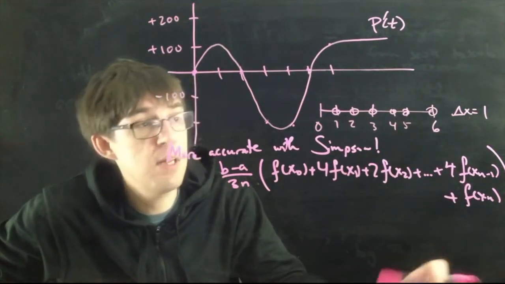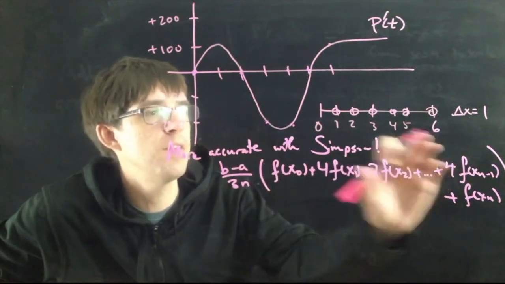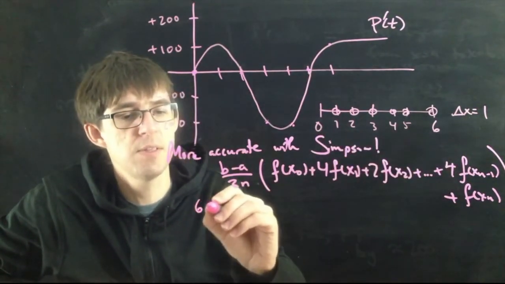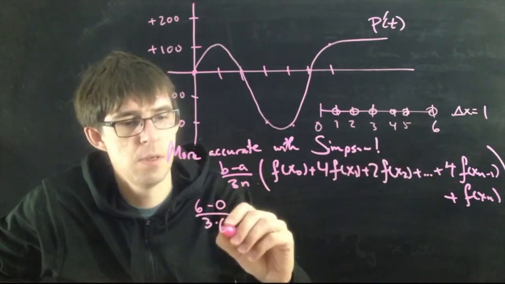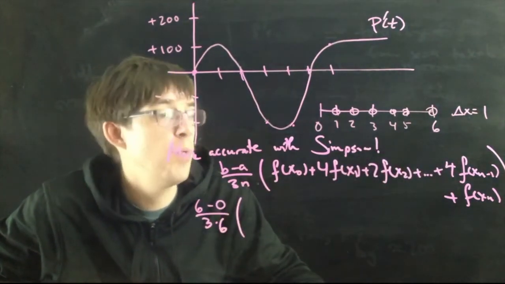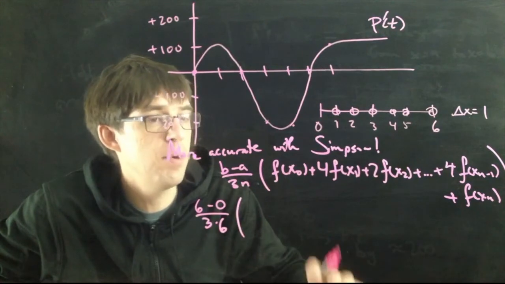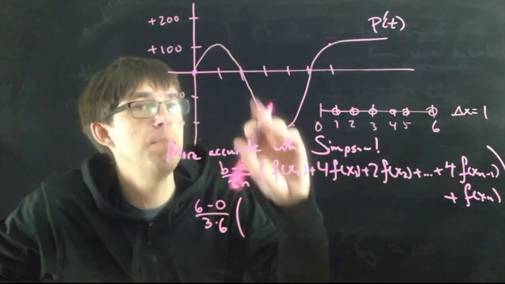I think we can just immediately plug everything in. And remember, b and a are the two endpoints. So on the outside, I'm going to get (6 minus 0) divided by 3 times n, which is 6. And then in here, we add all the values up. Now, this f is going to be p prime.